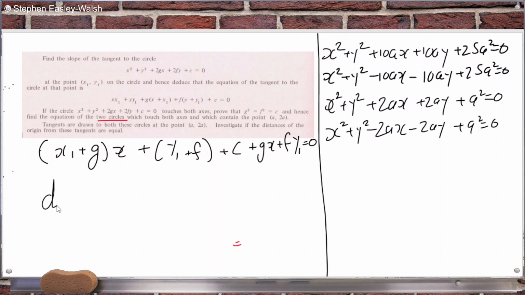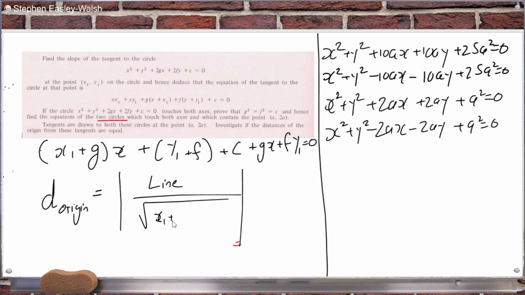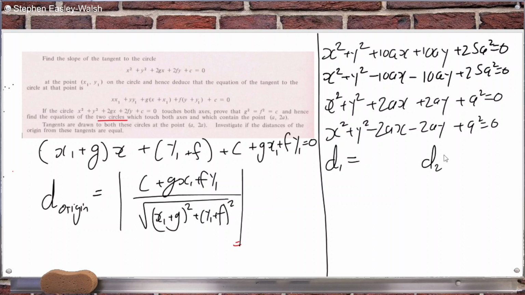So that means the perpendicular distance to the origin is going to be the absolute value of that line over the square root of x1 plus g squared plus y1 plus f squared, the line at 0, 0, which actually just is going to leave you with the piece at the end. C plus gx1 plus fy1. Okay, so the four distances are distance 1, distance 2, distance 3, distance 4.